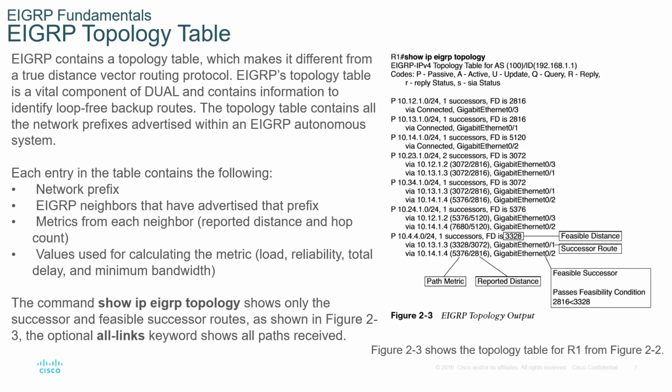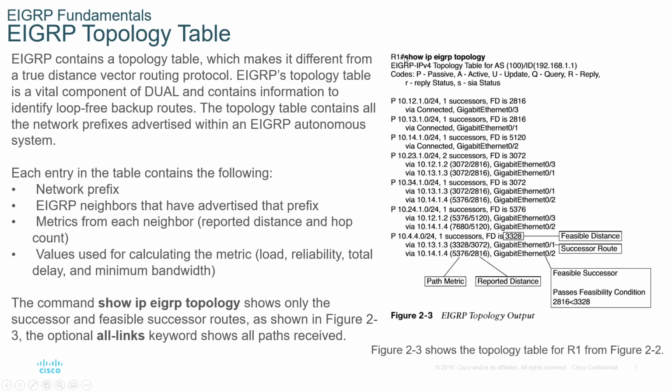The optional all-links keyword at the end would show you the entire topology. So these are your best two routes to the destination if they exist.